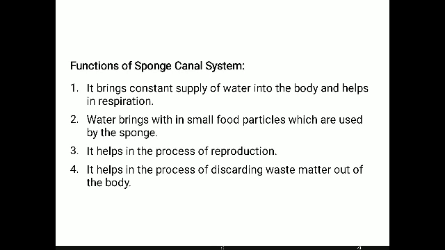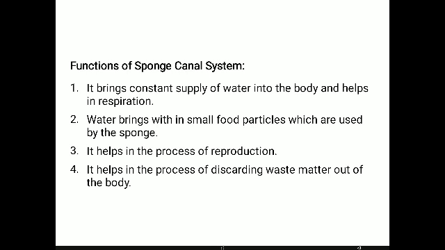And this water brings small food particles which are used by the sponge to survive. Food particles are also carried in the water current. It helps in the process of reproduction where the spermatozoa also enter in the water current. It helps in discarding waste matter out of the body through the water current only.